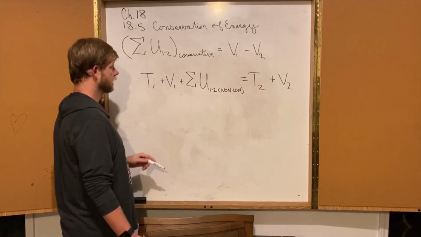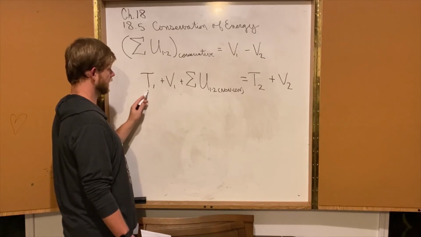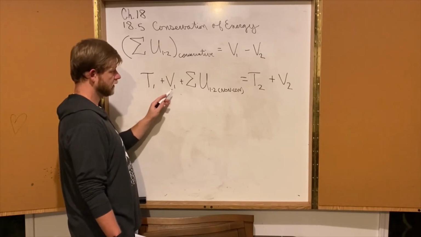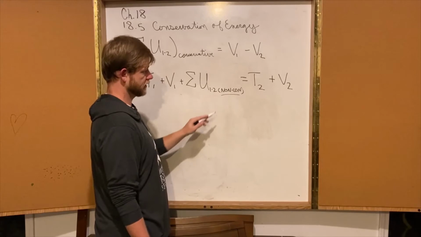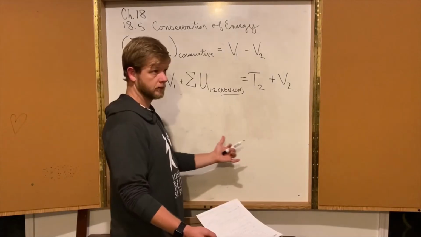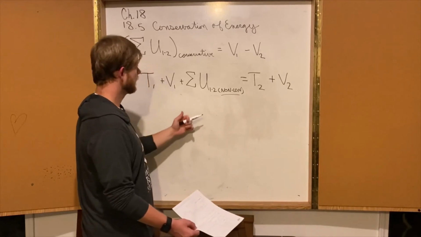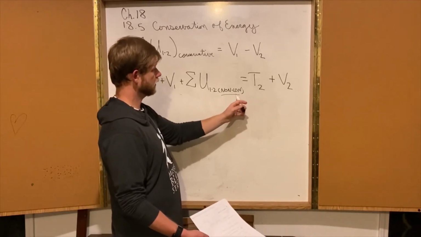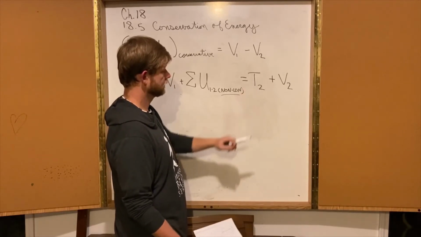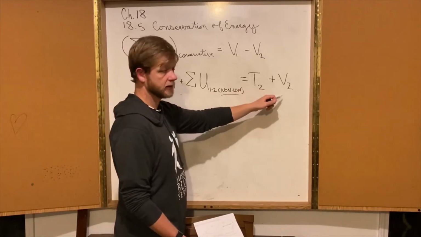Now, if we look at what we've been working on, you'll see that the kinetic energy at the beginning, plus the potential energy at the beginning, plus the sum of the non-conservative work, which is something like friction, something that isn't conserved in the system, equals the kinetic energy at the end plus the potential energy at the end.